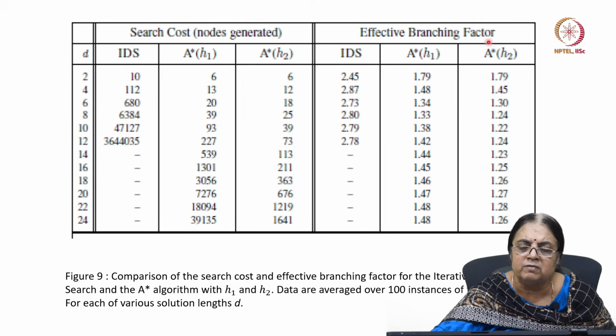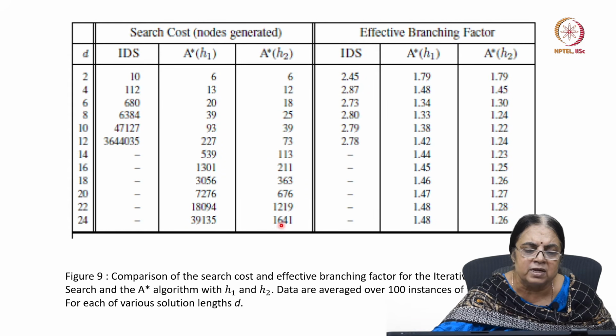So, if we look at the effective branching factor, we can see that A star is doing better than the iterative deepening, and over there the smaller effective branching factor is better, and we can see that H2 is doing better than H1, and this one actually gives the number of nodes that were expanded.